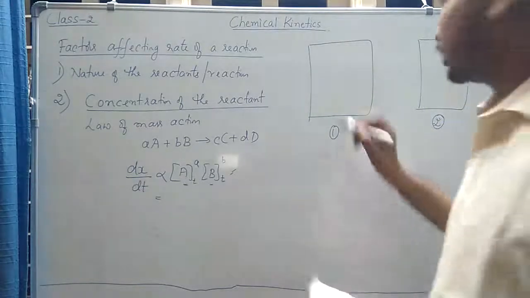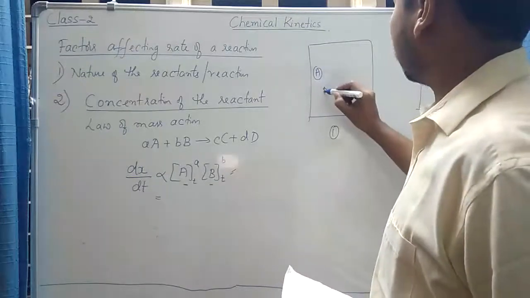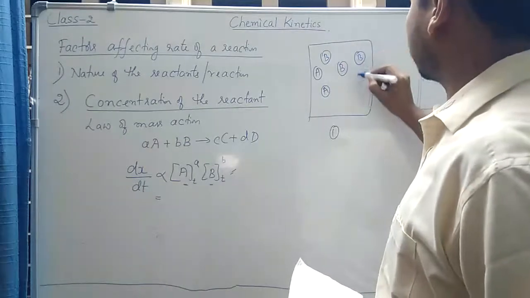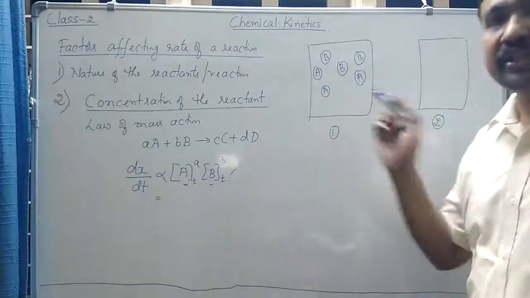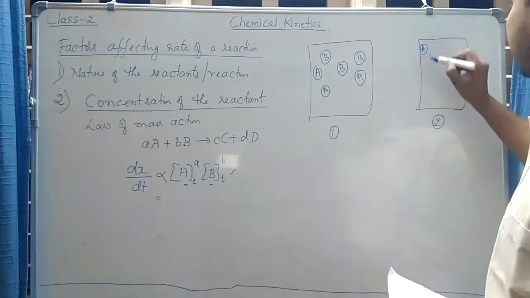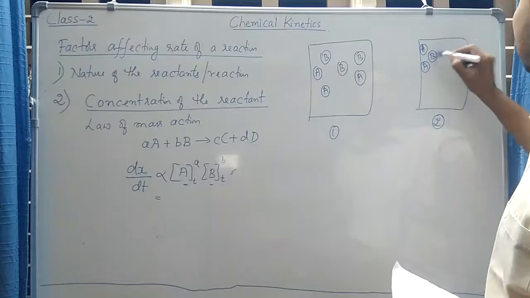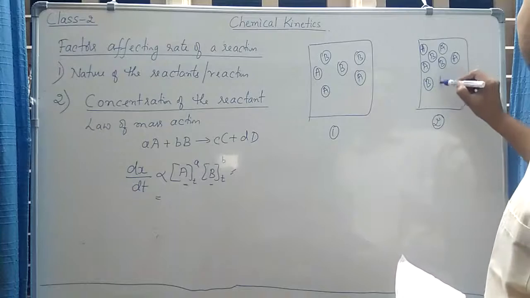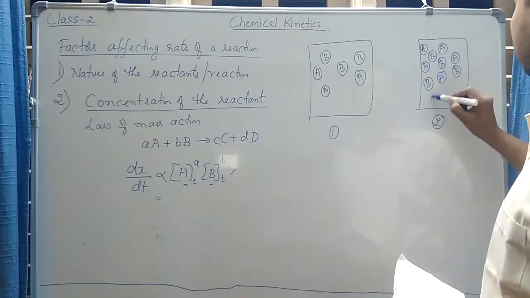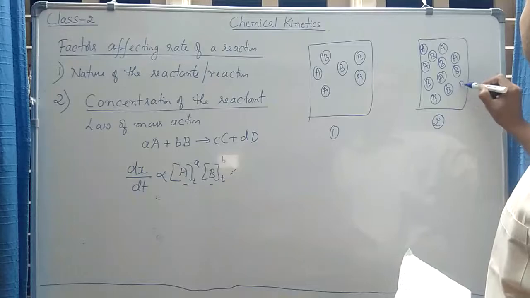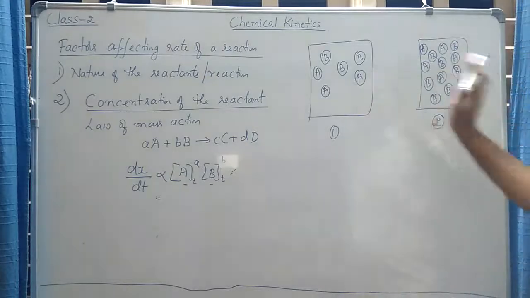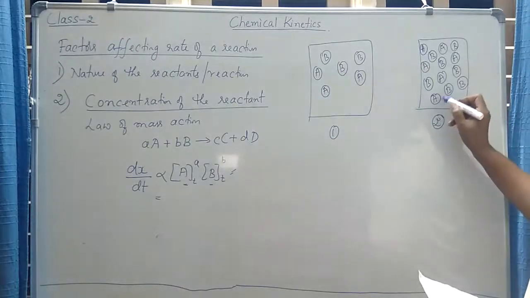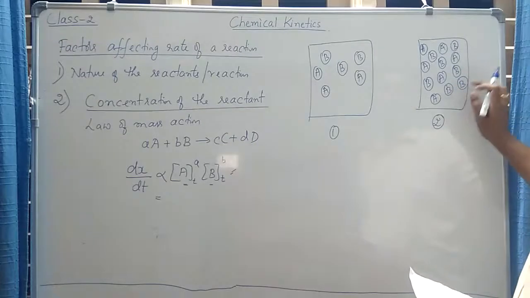In the first case, I have a lesser number of molecules of A and B. Here I have 3 molecules of A and 3 molecules of B, whereas in the second case, same reaction vessel, but you have a greater number of molecules of A and B. So I have 6 molecules of A and 6 molecules of B here.